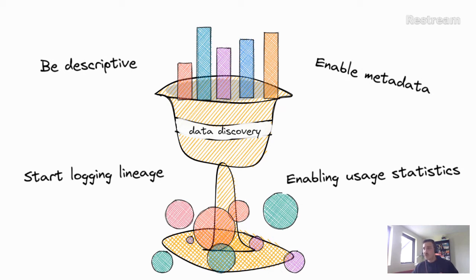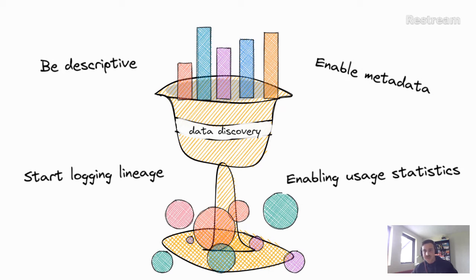Have documentation for the pipelines, be able to describe the pipelines, and so on. Be descriptive about every component in your ecosystem. Enable metadata, so label everything: label your queries, label the pipelines, label BigQuery tables. Put in there who's the owner, who manages the data, what's the source system, etc.